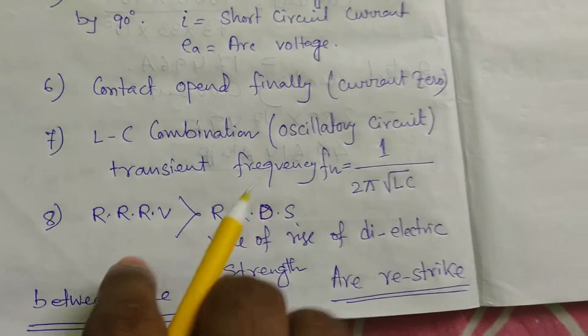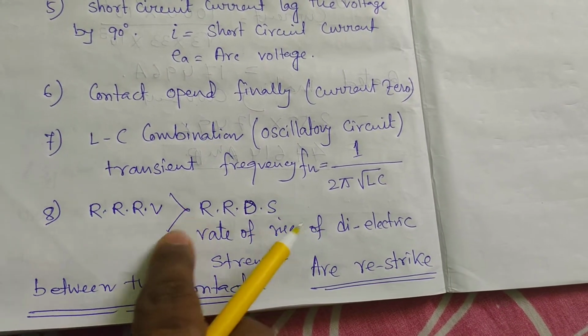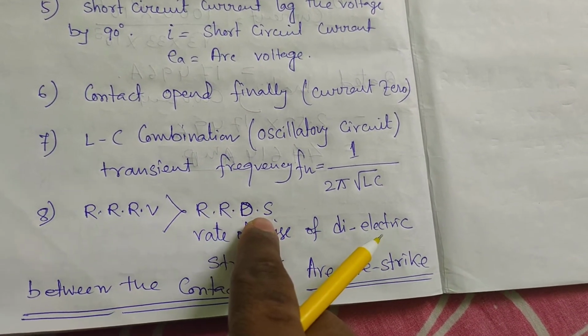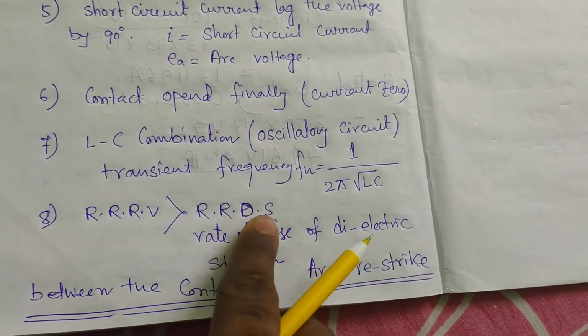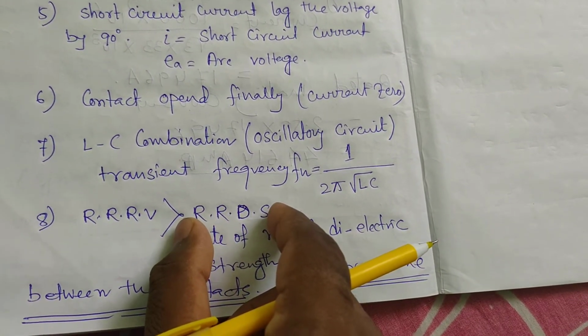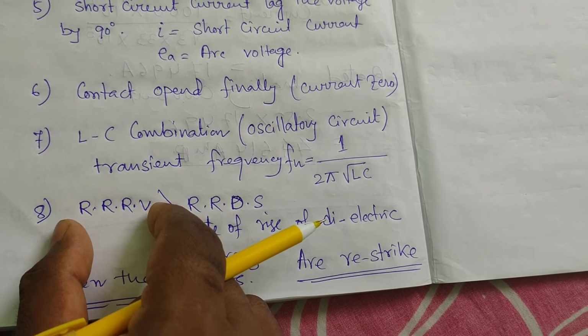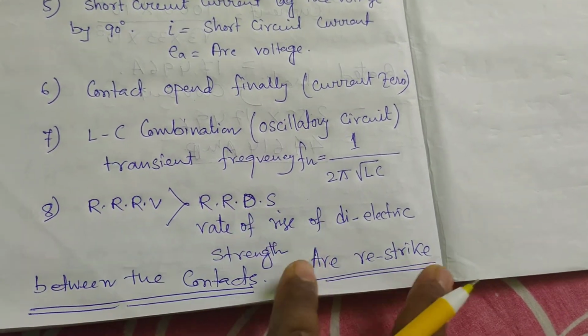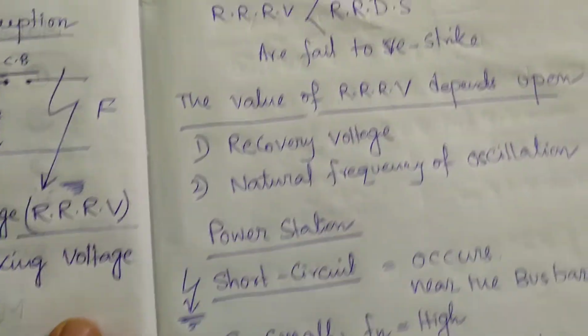There is a condition: if RRRV, the rate of rise of restriking voltage, is greater than RRDS, the rate of rise of dielectric strength, then, if the contact dielectric strength is less than the restriking voltage, the arc will strike again between the contacts.